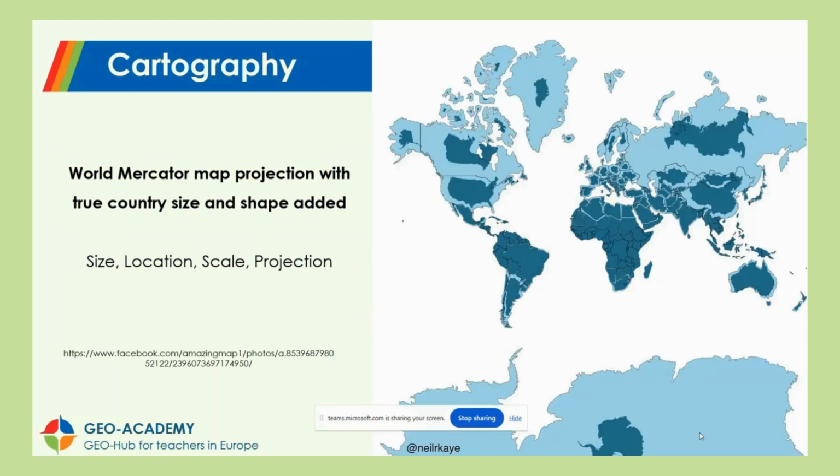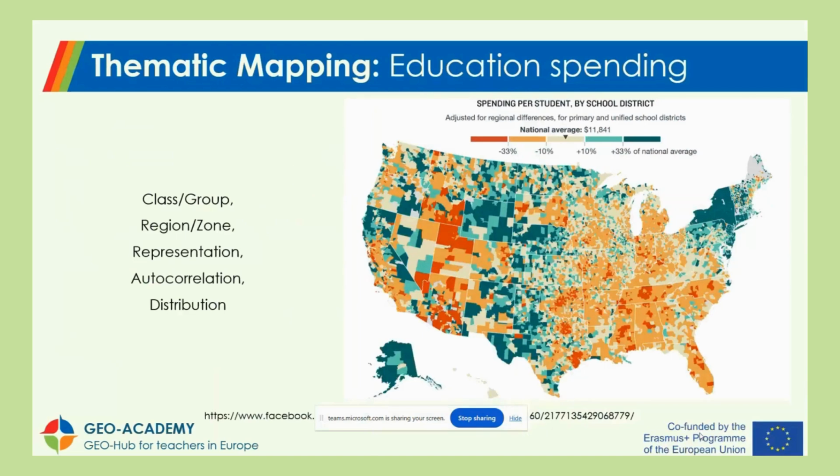So this is one tool for primary school students. Other tools on how to take advantage of thematic mapping, and here we see the education spending in the US. So the students can start reading maps, identifying patterns, evaluating representations, or creating their own thematic maps.